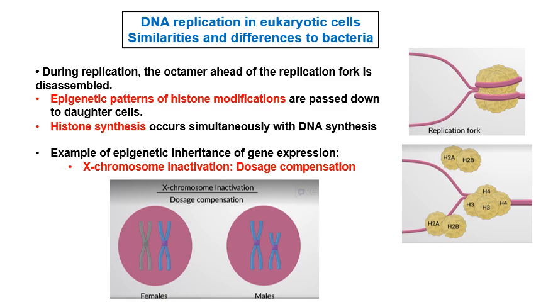That means you're also going to need double the amount of histones that you started with, because if you do not make more histones, you're going to end up with not enough proteins to pack up your DNA at the end. So as soon as you start your DNA replication, you also start synthesis of histones. Okay? So you start histone synthesis at the same time that you start your DNA replication.